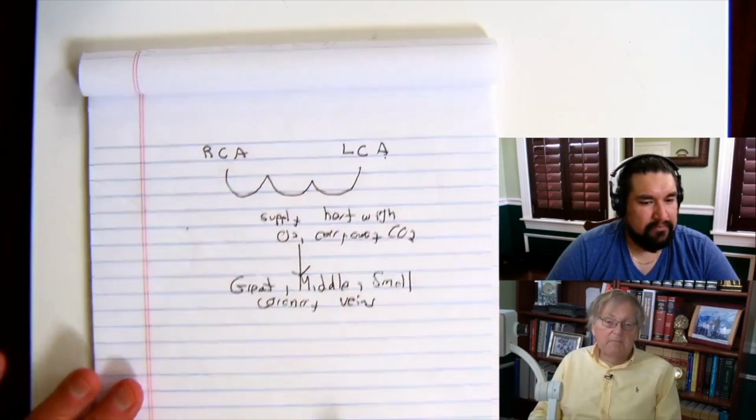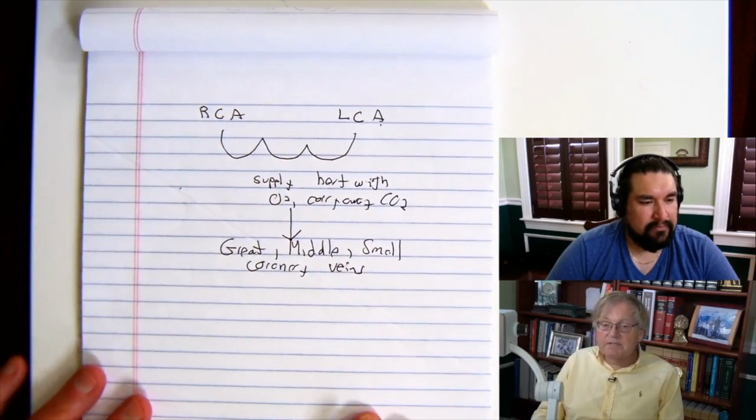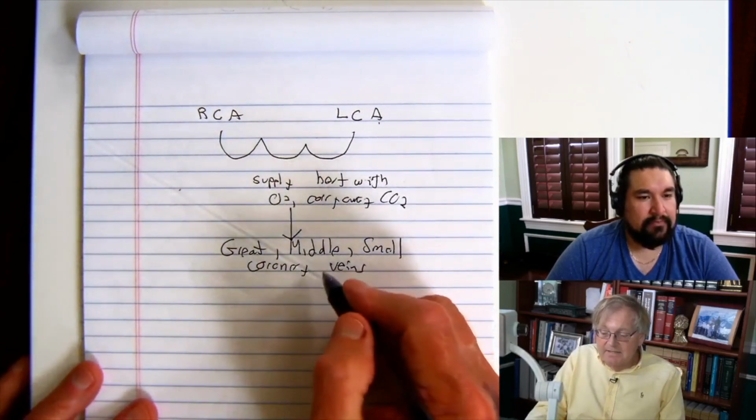and then the great and the middle and the small coronary veins are going to return that blood back to the heart.